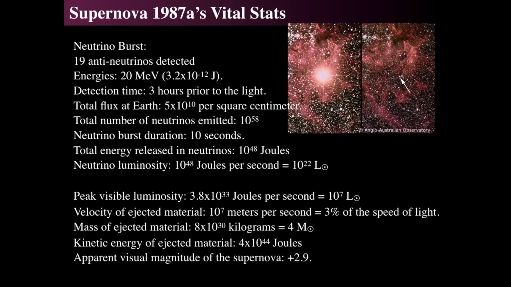So hold out your thumbnail, that's about a square centimeter, and at that moment 50 billion neutrinos passed through your thumb from that one supernova.